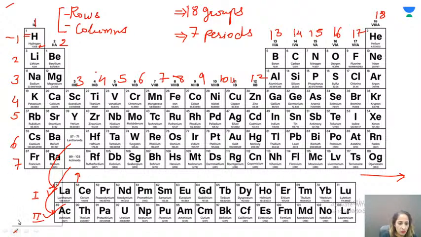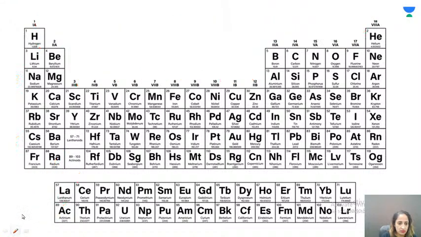So that is the reason it has been placed at the bottom. Okay, so now quickly I will erase this off. Now, as I said, they are grouped as 1 through 18. So that is one way of grouping all the elements together in the periodic table. And there is another way we can do that.